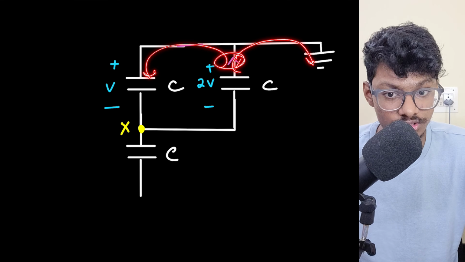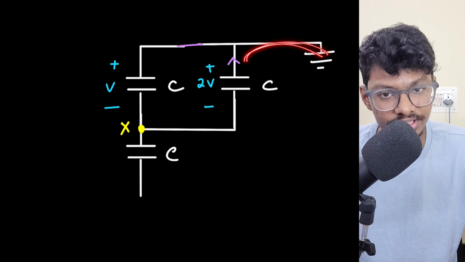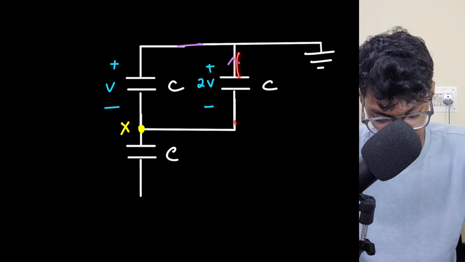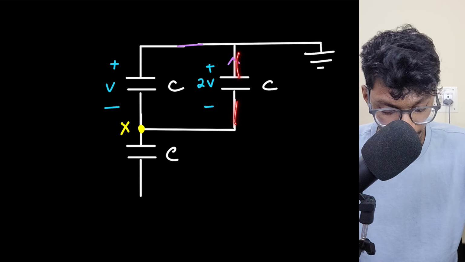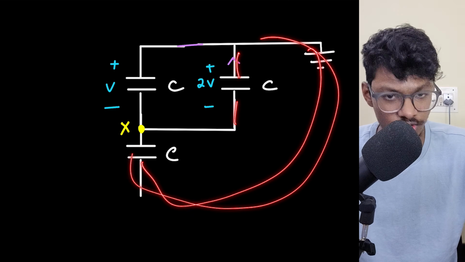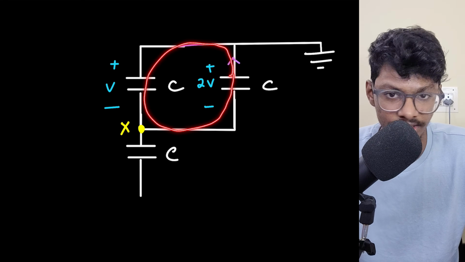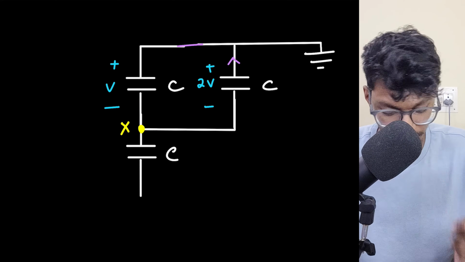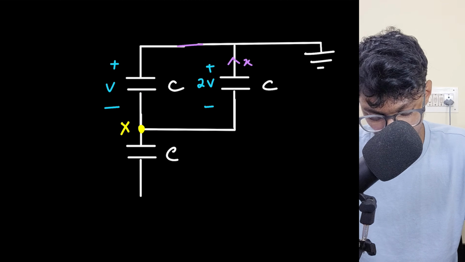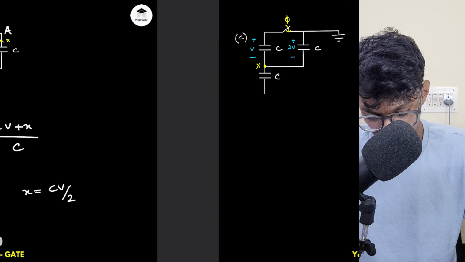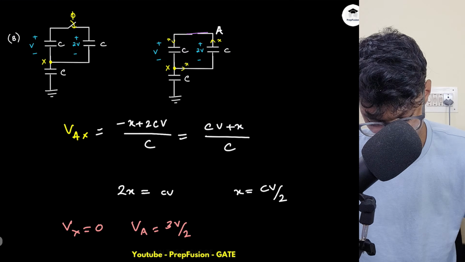Which one will it choose? If it goes here, it needs a return path to come back to this node, because whatever charge has been left should come back to the other plate. But how will it come back? There is no path for this to come back. Charge can only flow like this; the complete loop is forming like this only. There are no other loops. So again X amount of charge will leave and that will go here. Again the equations will be exactly the same.